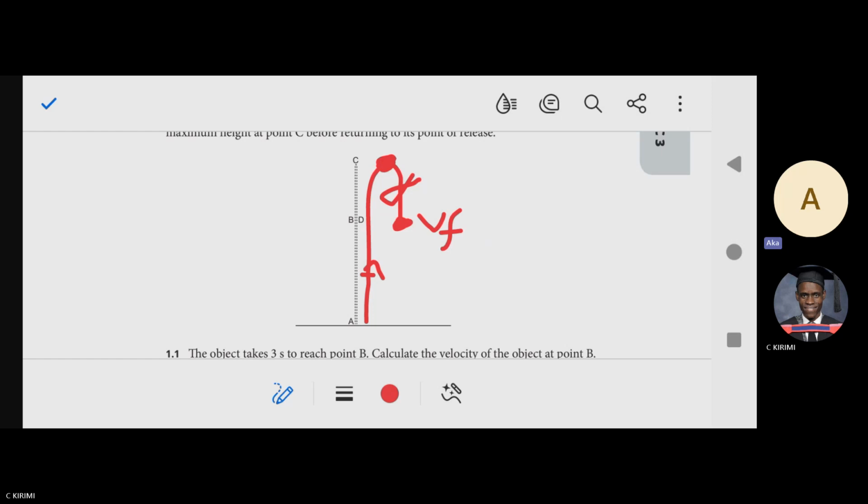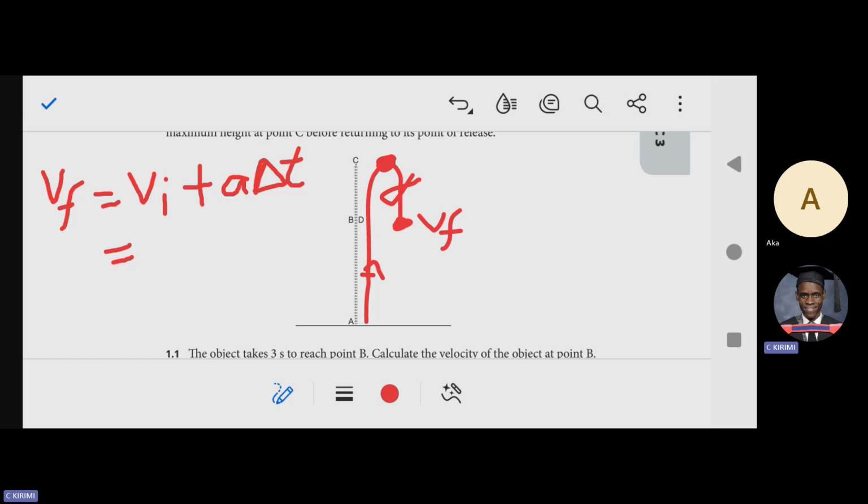VF equals V initial plus acceleration times delta T, because we don't have delta Y. What information are you having here? I'm having the V initial. V initial is what? 50. Your V initial is 50.